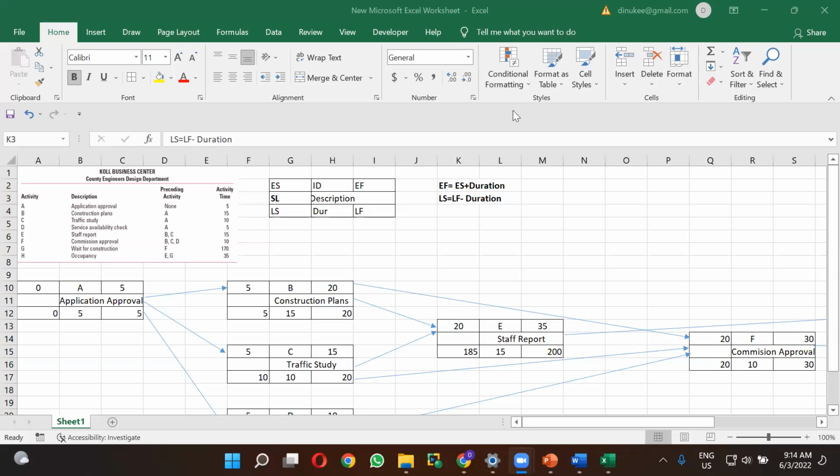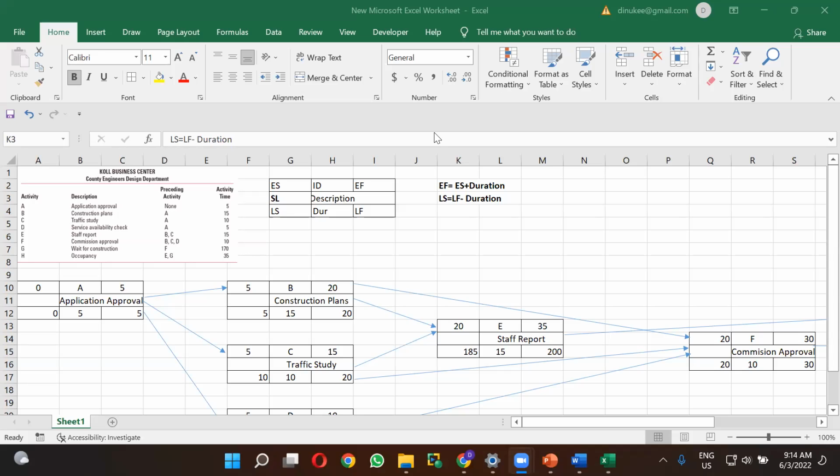So next, listen to this statement as well. When you are doing the backward pass calculation, if there are two or more arrows coming for one node, which is the value, the highest or lowest value? It is the completely opposite of what we have done for the forward calculation, right?